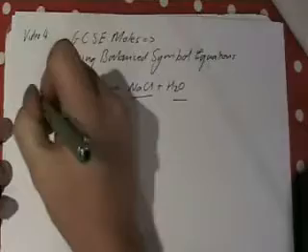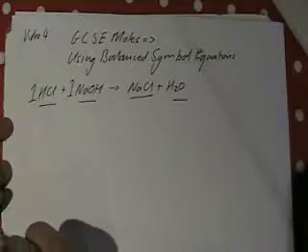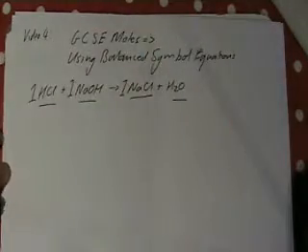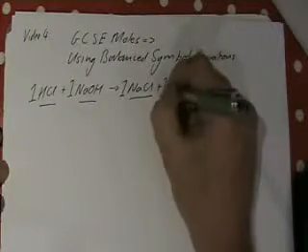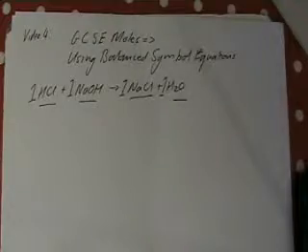So we have a ratio of 1 mole of hydrochloric acid, 1 mole of sodium hydroxide, 1 mole of sodium chloride, and 1 mole of water will be produced.